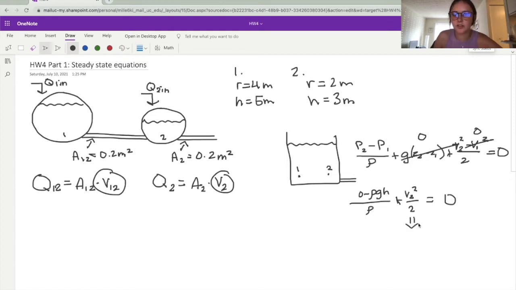That gives us velocity equals the square root of 2gh, because these cancel out.